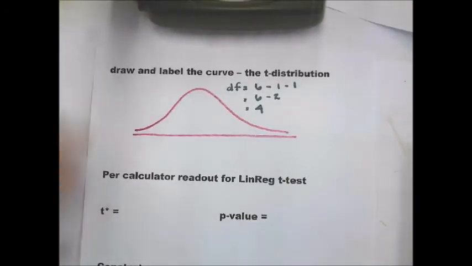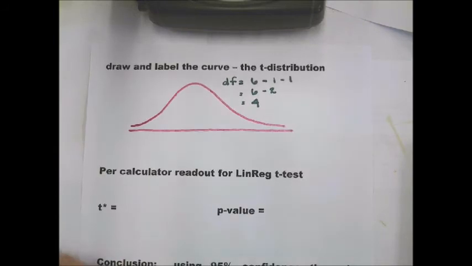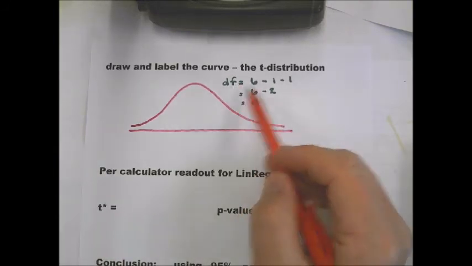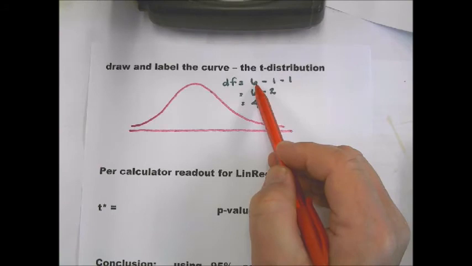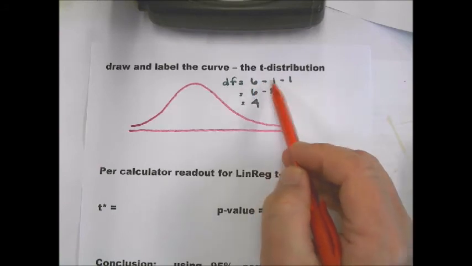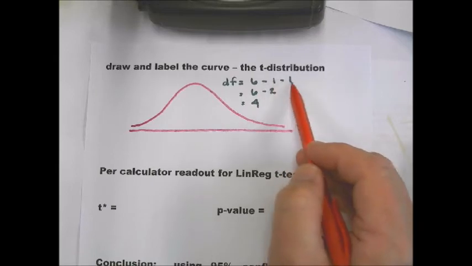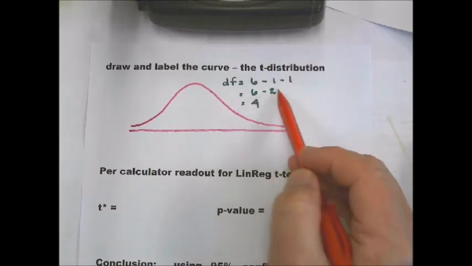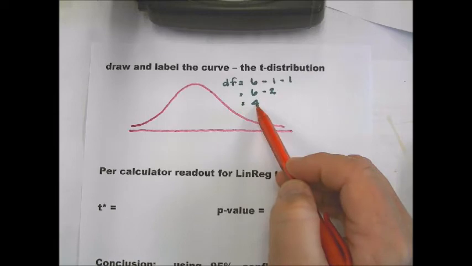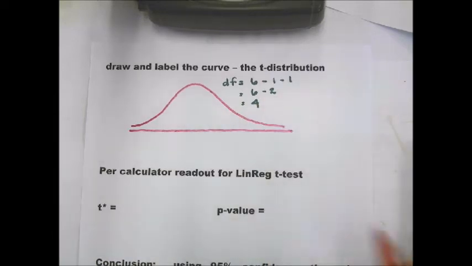So the next thing we have to do, we have to draw and label the curve. And remember, it's the t-curve. So the degrees of freedom are going to be the sample size, which is 6, minus the one independent variable that's in the equation, minus 1 more. So 6 minus 2, which is 4. And remember, it's a two-tailed test because it's equal to versus not equal to.